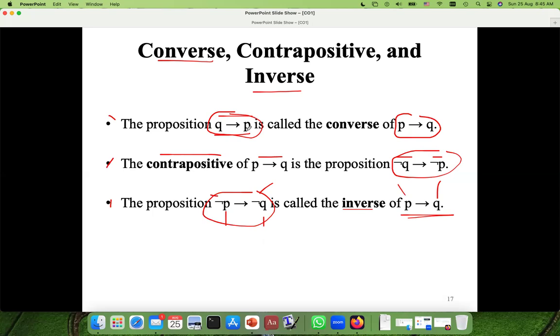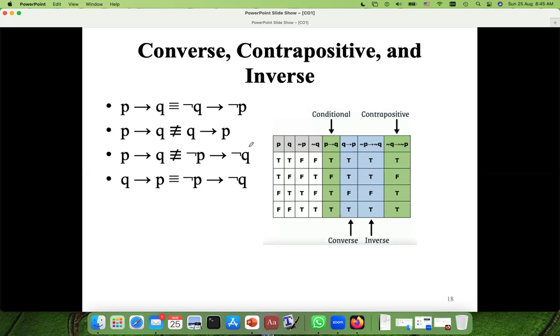In all these expressions there are two variables, so your input columns would be two, P and Q. That's why in this table you have these two input columns, and only those four possibilities, the same as in the previous truth tables.